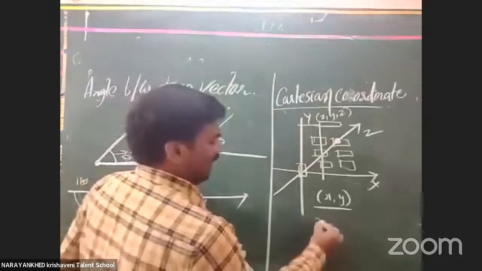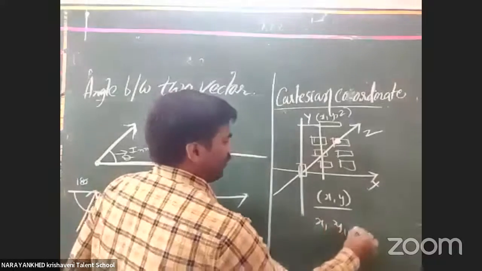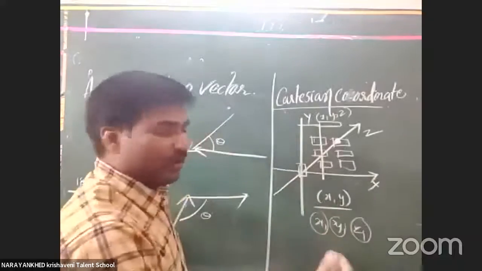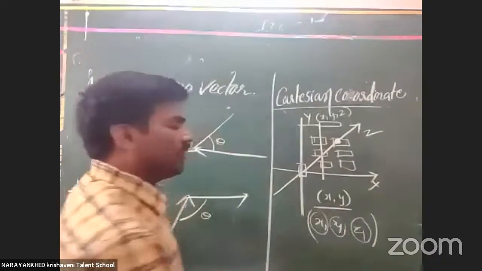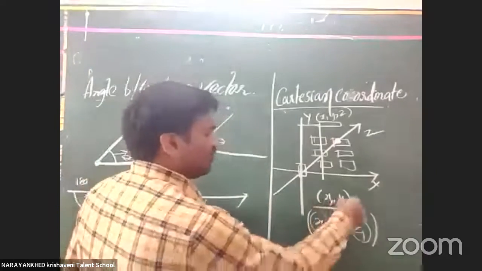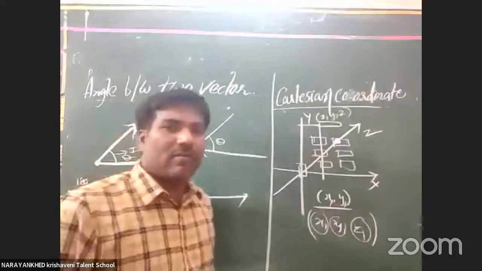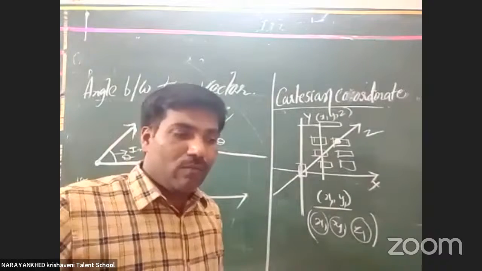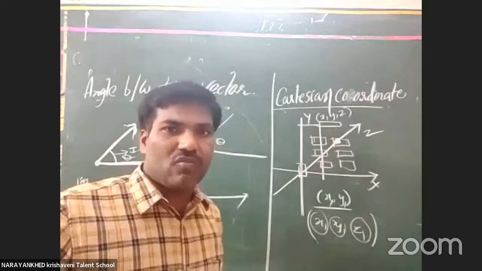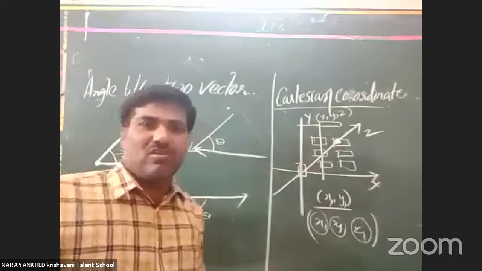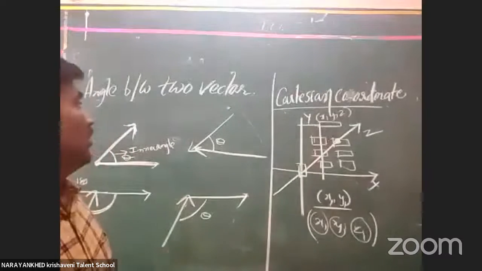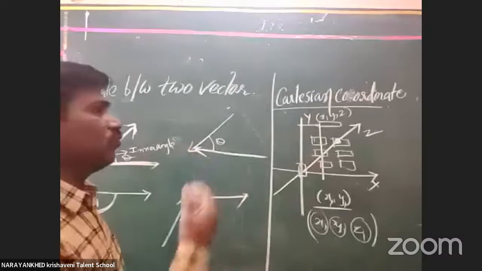We take x1, y1, and z1 as one point. When taken together, it becomes the Cartesian coordinate for three dimensions. For two dimensions, we take x1 comma y1. That is the position of the particle with respect to the x-axis, y-axis, and z-axis. These are our Cartesian coordinates, as well as the angle between two vectors.